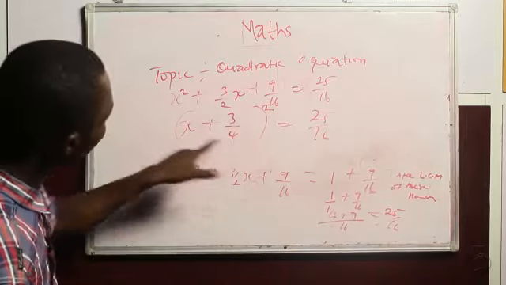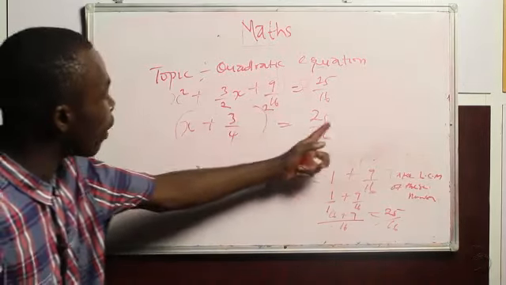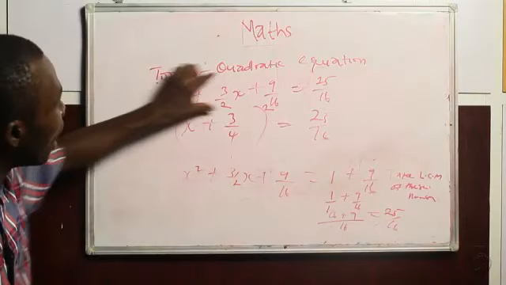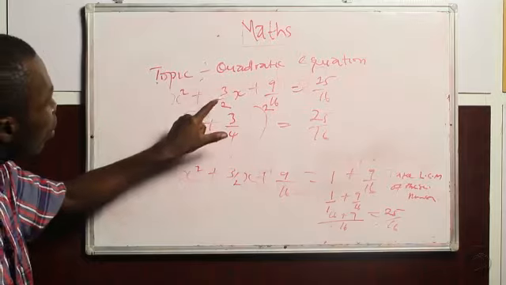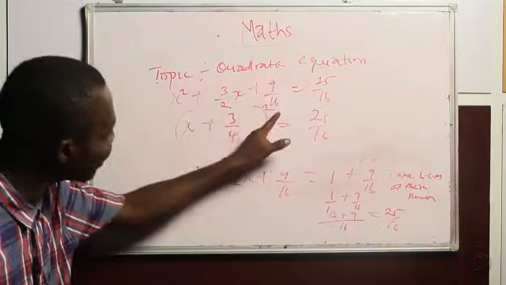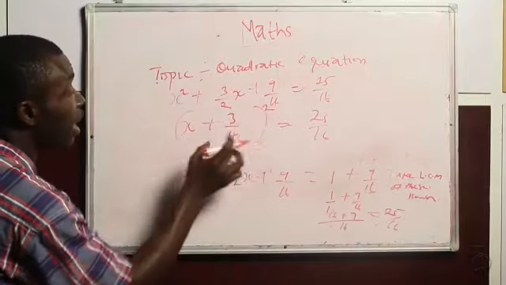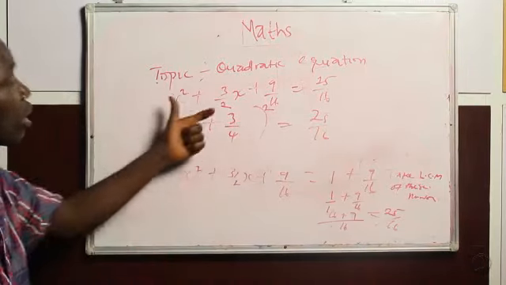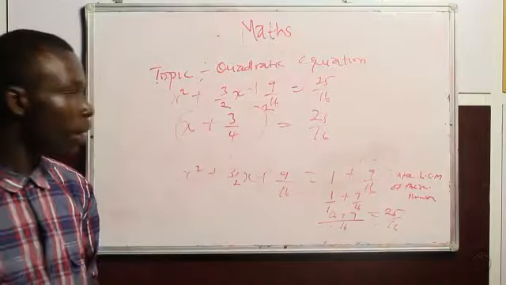Sorry, when we equate (x plus 3 over 4) squared equal to 25 over 16, we factorize this equation. Because x squared plus 3x over 2 plus 9 over 16, when we factorize it, we are going to have (x plus 3 over 4) squared. If you open this bracket, it's going to give us x squared plus 3 over 2x plus 9 over 16.